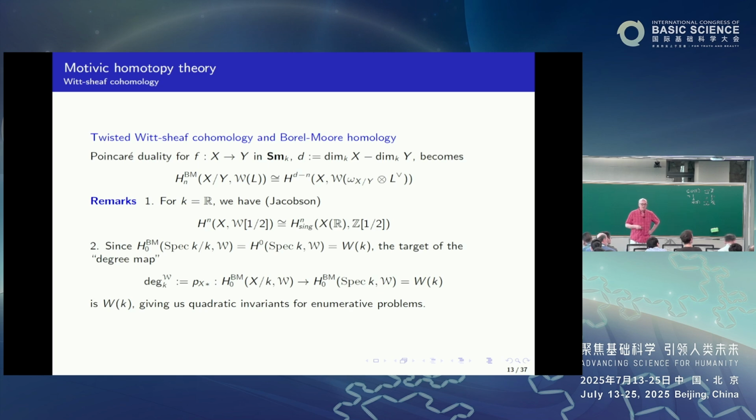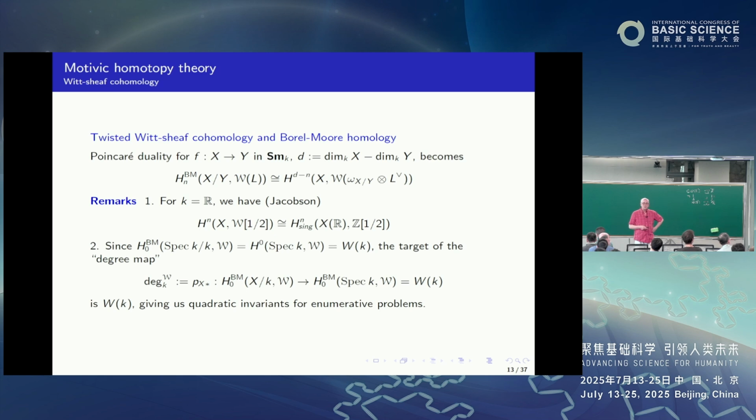So I mentioned the quadratic theory is supposed to tell us about things over C and things over R. The Witt sheaf is very close to the singular cohomology of the R points of a variety. If you take the Witt sheaf cohomology of X and you invert 2, you just get the singular cohomology of the real points of X with coefficients Z with 2 inverted.